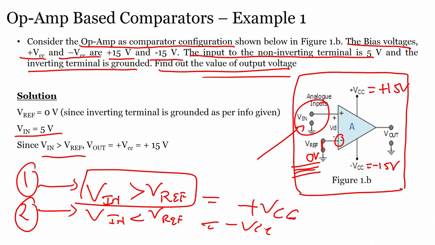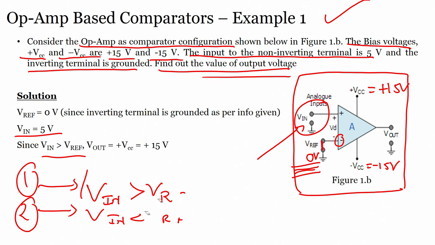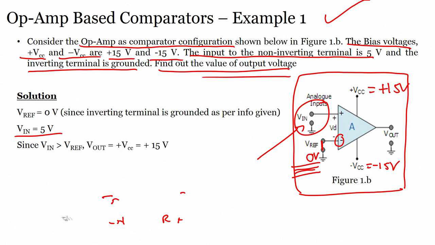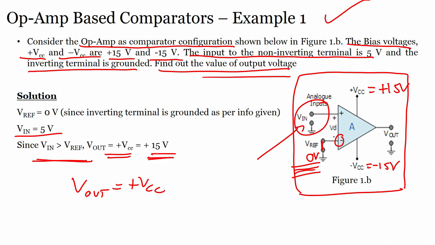For this example, our answer is plus 15 volts, because V in is greater than V reference, and we know that V out is nothing but plus VCC, which is plus 15 volts.